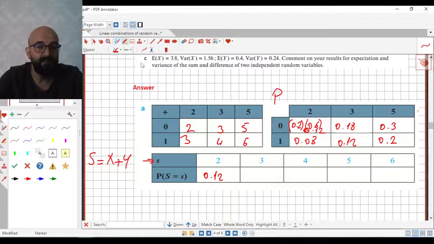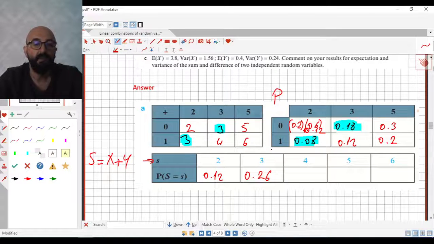But please notice that we have two 3s, from 3 plus 0 and 2 plus 1, so we should add them: 0.18 plus 0.08 gives 0.26. For 4, it means 3 plus 1, so we write 0.12.